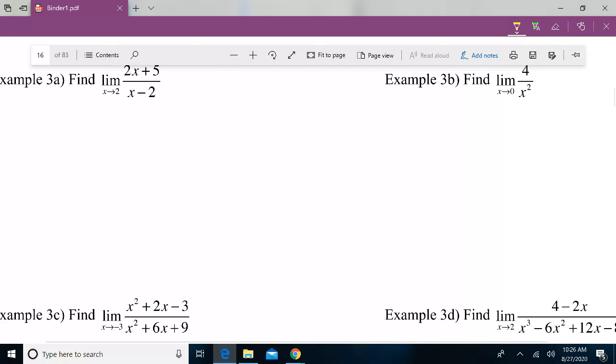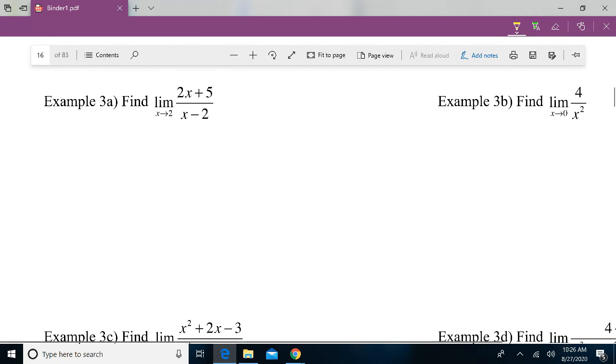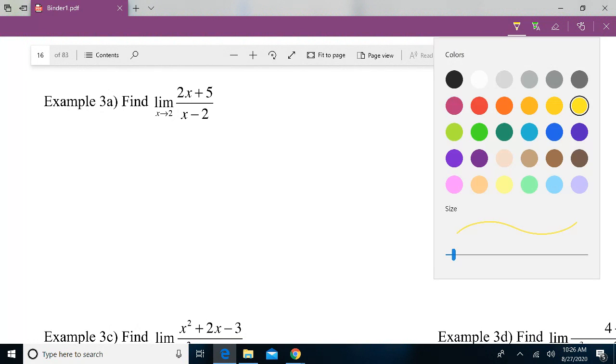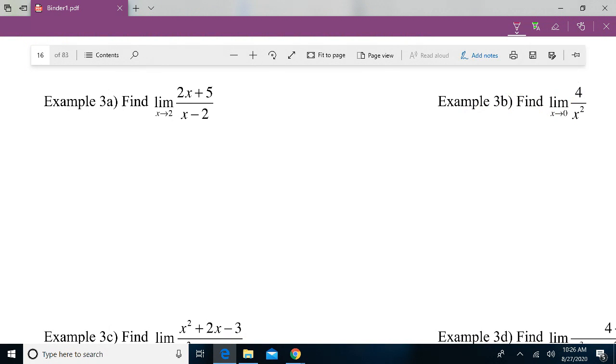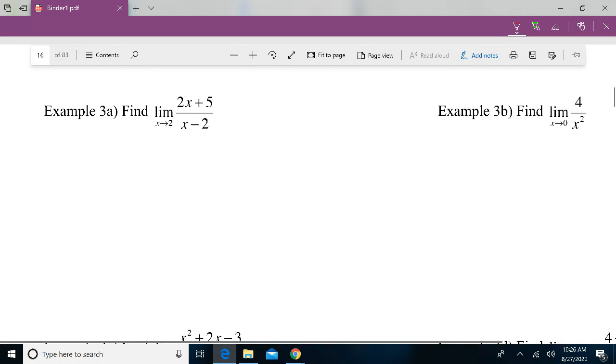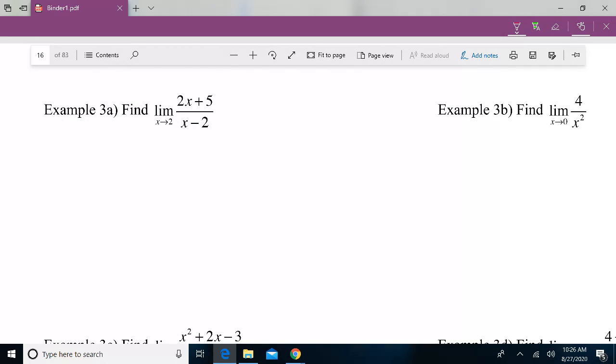And again, we always need to double check with direct substitution first. So we're always going to try direct substitution first. Okay, so I'm going to substitute in 2 for all my x's.